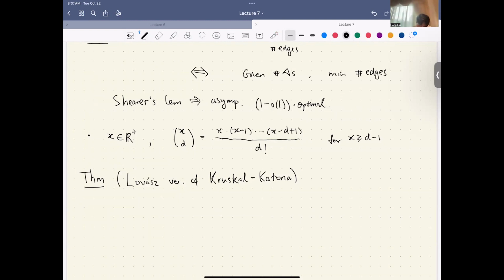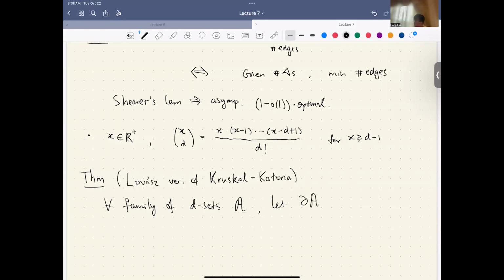For any family of d-sets, A, we will denote, remember this notation, this is the shadow.